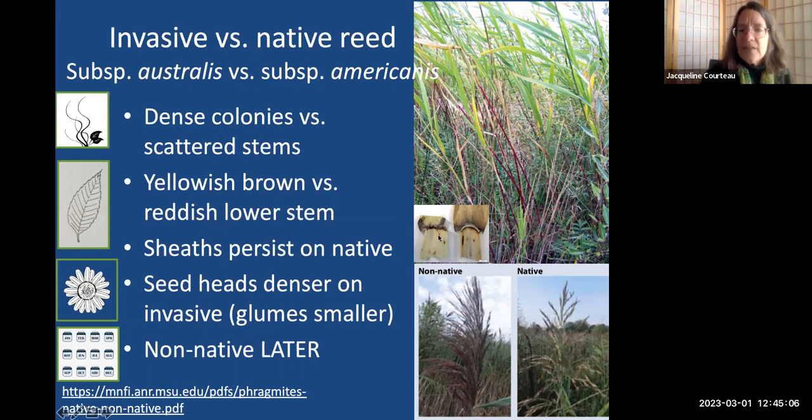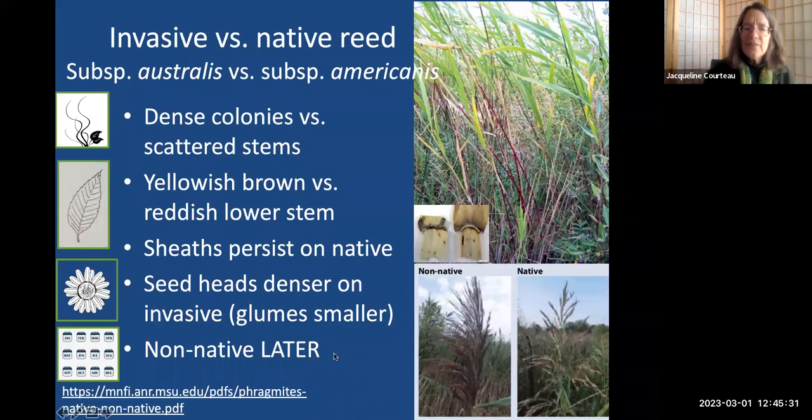Here is the difference in the ligules on the native versus the non-native. And again, the sheaths persist on the native plant, but they fall away on the non-native. And then although the actual glumes and seeds are smaller on the non-native, the seed heads are actually denser.